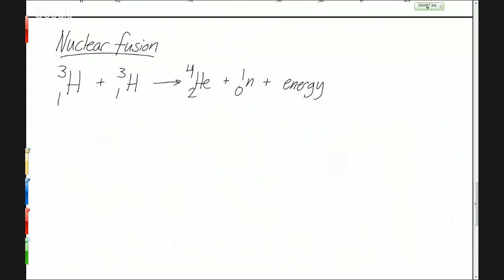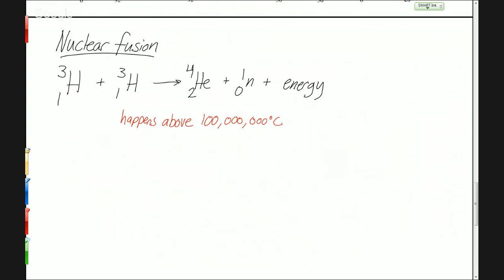This only happens above, and I'm estimating here, above about 100 million degrees C. That's pretty high temperature.